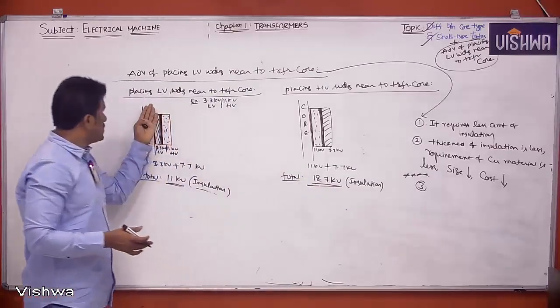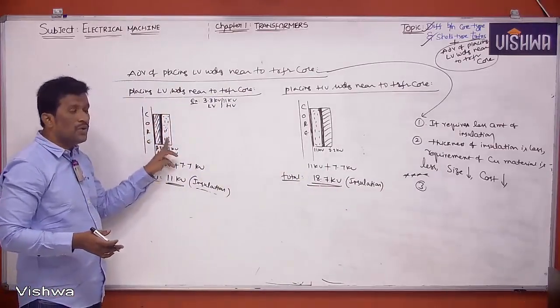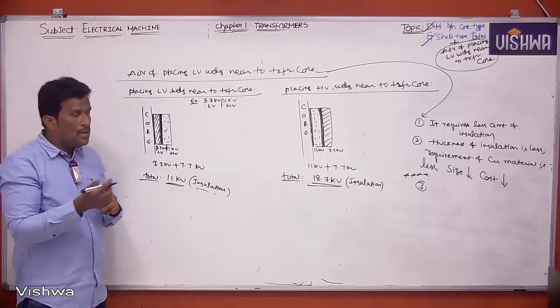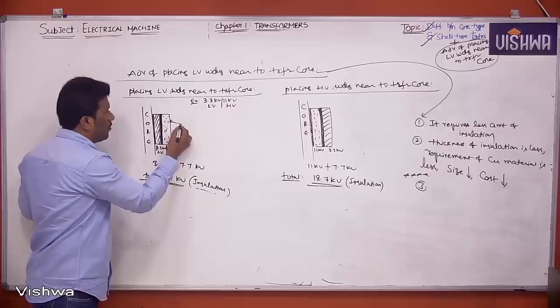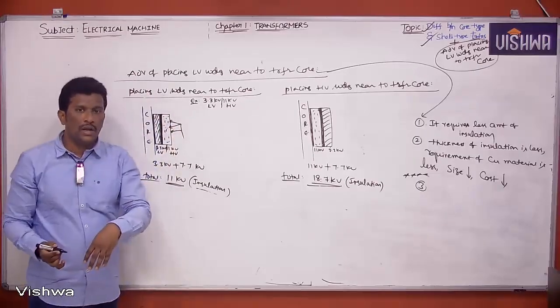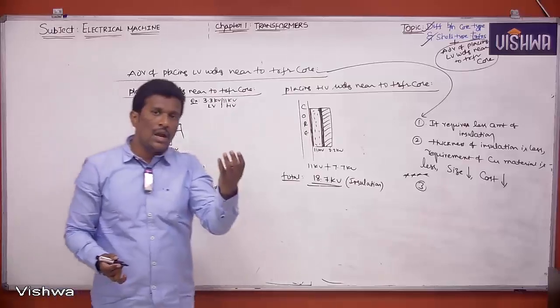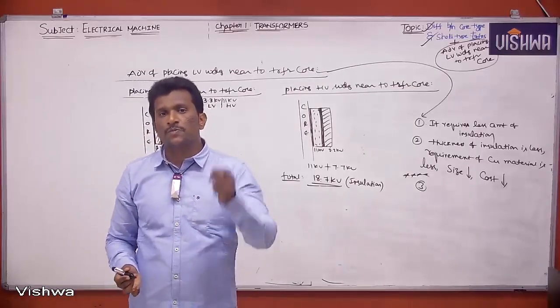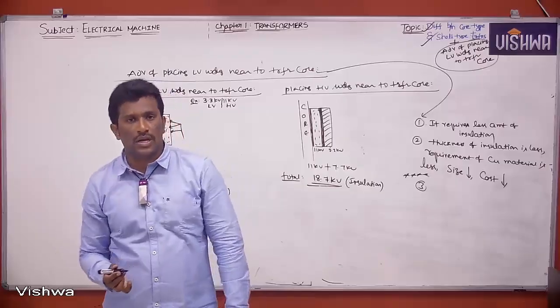In this case, which is the outside winding? The high voltage winding. If you are changing the tapping position from one position to another, in the high voltage winding the voltage is high and the current will be less. While changing tapping position, sparking will be less because of low current.